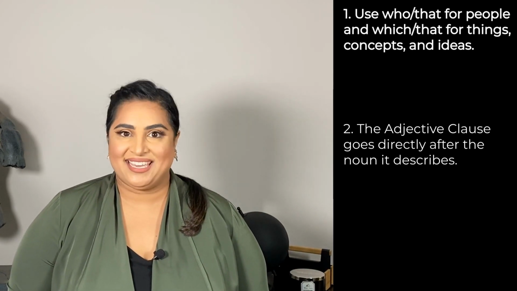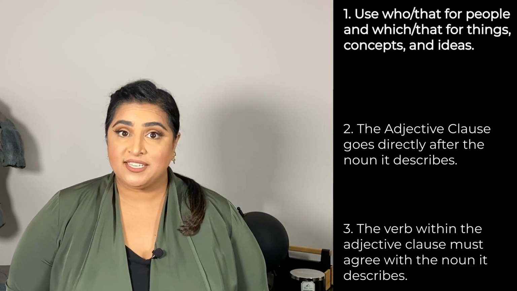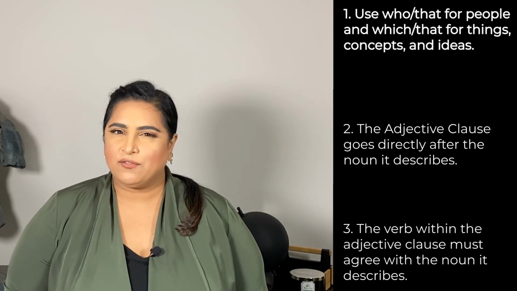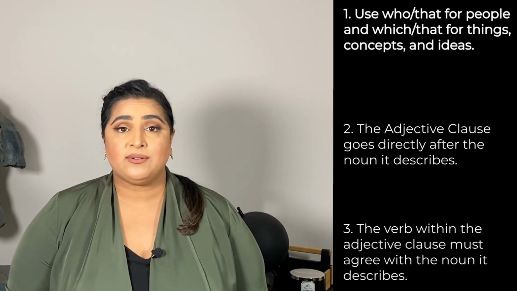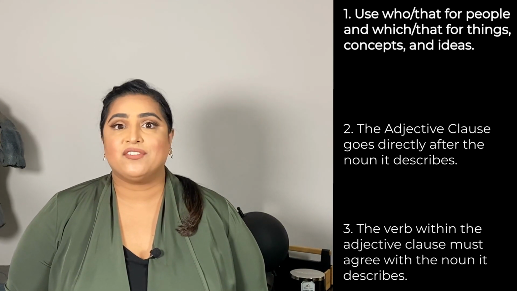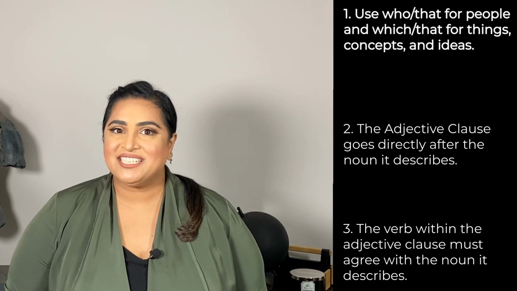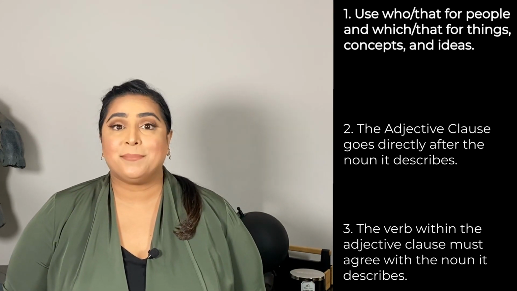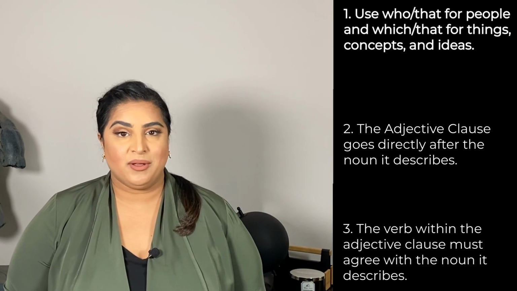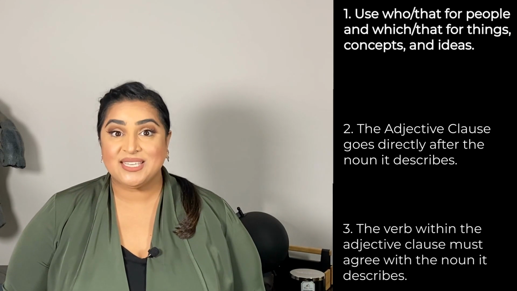And one more thing, within adjective clauses, the relative pronoun and the verb must agree. So for example, if the relative pronoun is describing a singular noun, then the verb must be a singular verb. And likewise, if the relative pronoun is describing a plural noun, then you must use a plural verb within the adjective clause.